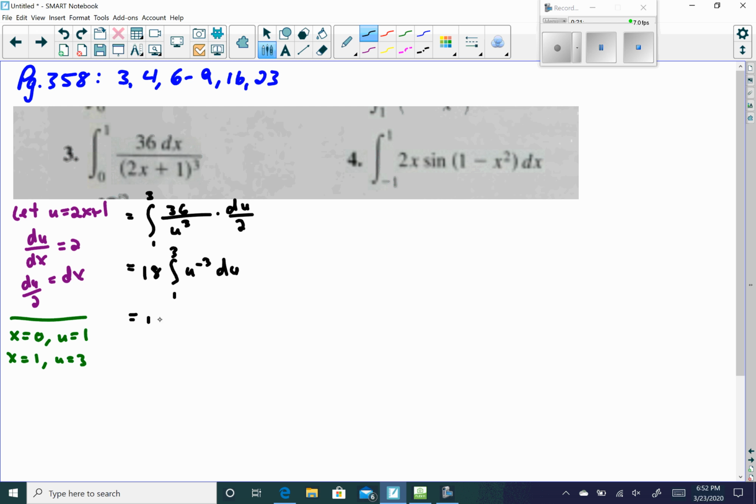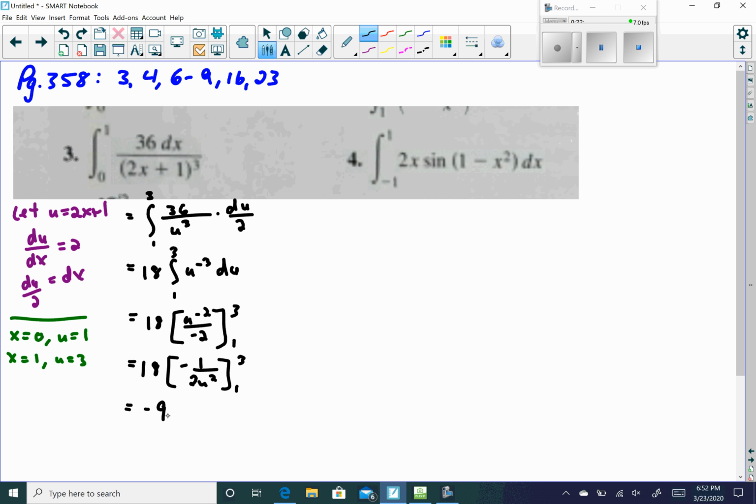So then this becomes 18 times u to the negative second over negative 2 from u equals 1 to 3. So here I'm going to get 18, really negative 1 over 2u squared from u equals 1 to u equals 3. Since this is only one term, I could really show that this is going to be a negative 9.